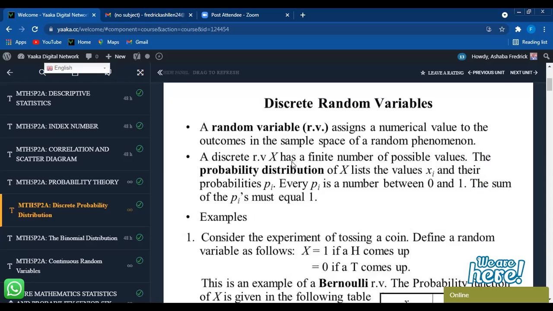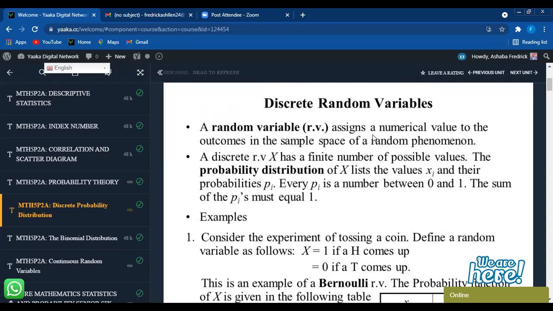Then this image briefly talks about what we have said, the random variables. Here we are beginning with the discrete. A discrete random variable, RV, assigns a numerical value to the outcomes in a sample space of a random phenomenon.